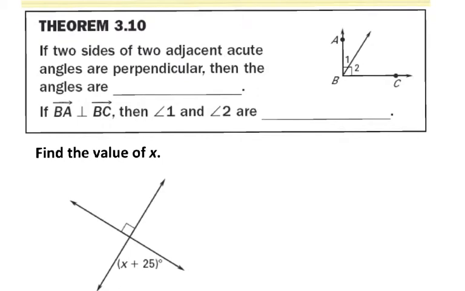Here's another theorem that is just noted by a number in this section, 3.10. Here's what it states. If two sides of two adjacent acute angles are perpendicular, then the angles are, and the answer here is complementary.